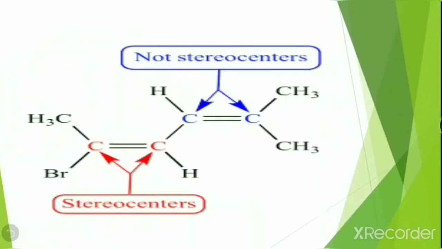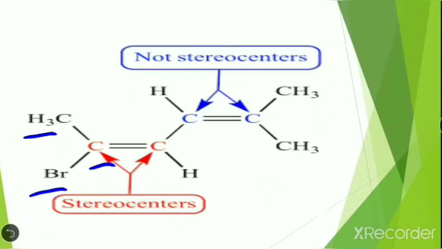So what is a stereo center? Stereo center or non-stereo center. The centers such as the atom C, the atom which is surrounded by different atoms or groups such as CH3 and Br, and over here it is the double bond.